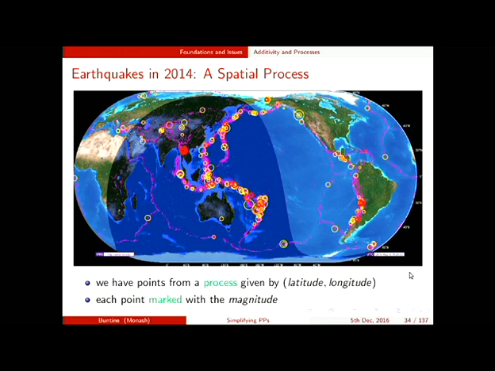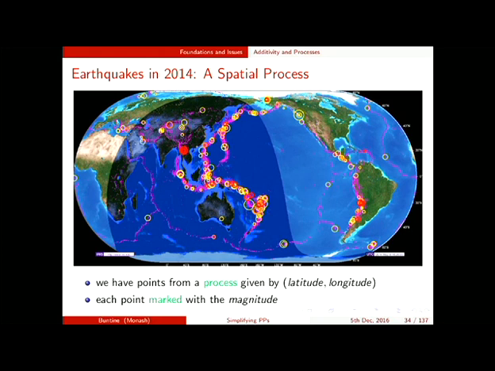And the process part we generate with a rate. In this case, it's going to be how many earthquakes per 100 square kilometres in 1 year are we going to get. So you'd have an intensity or rate like that.